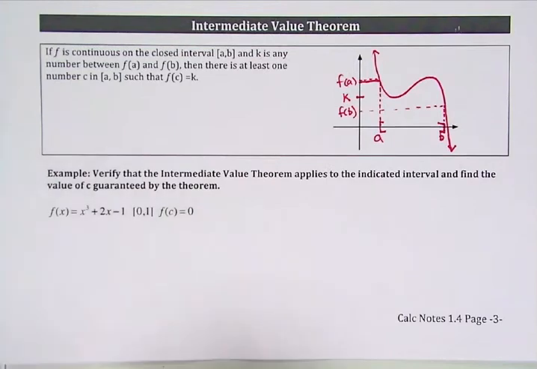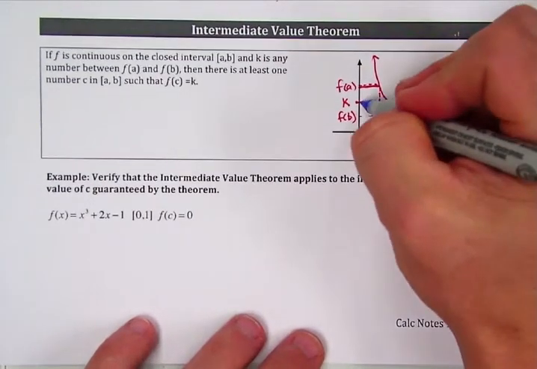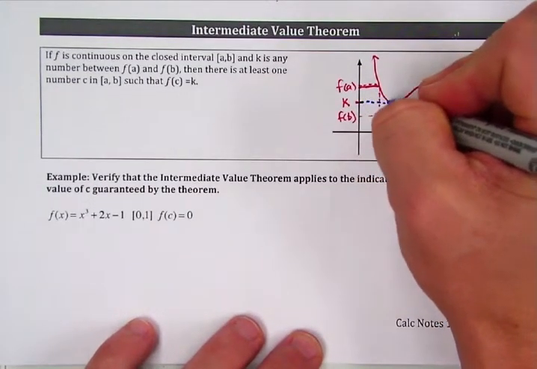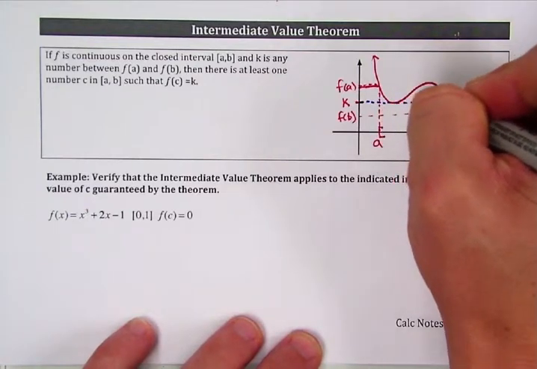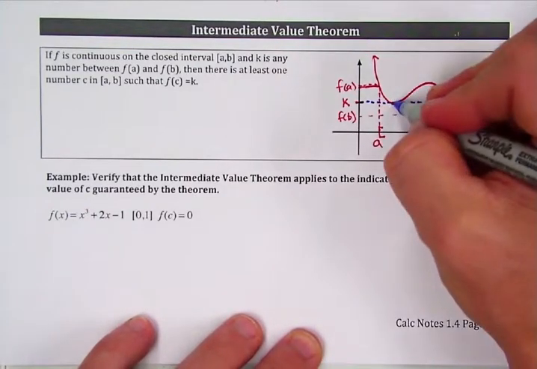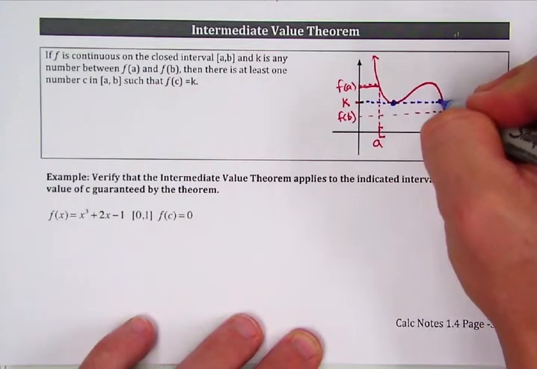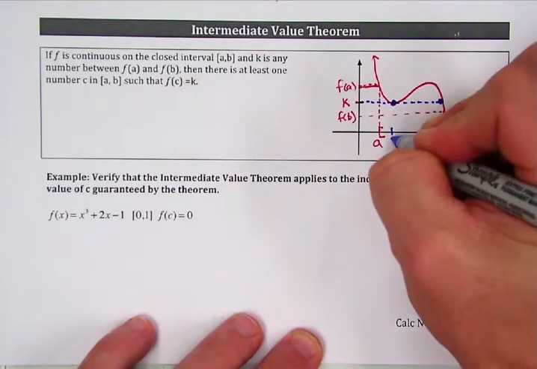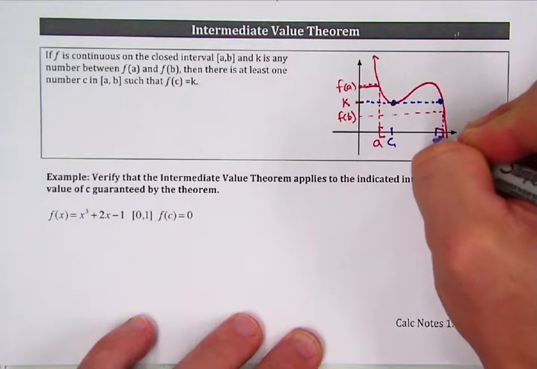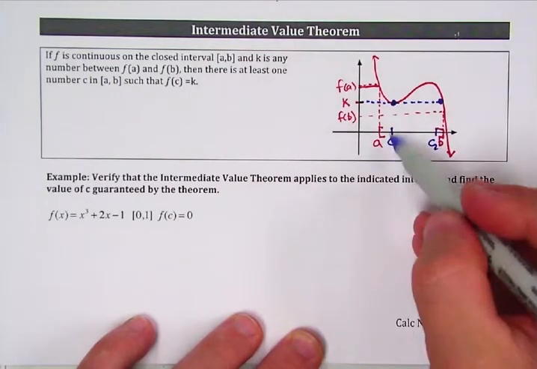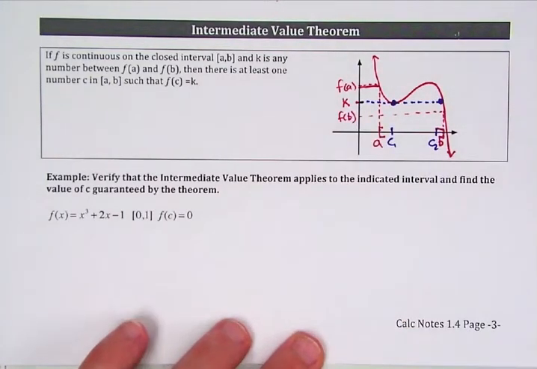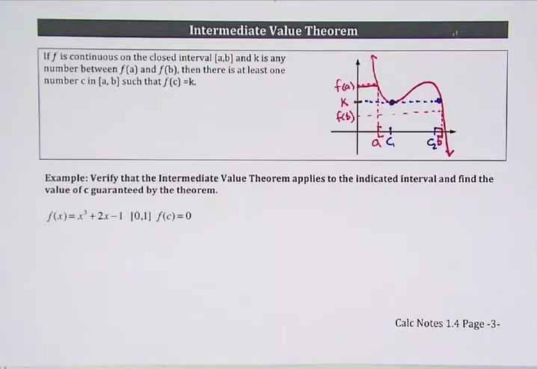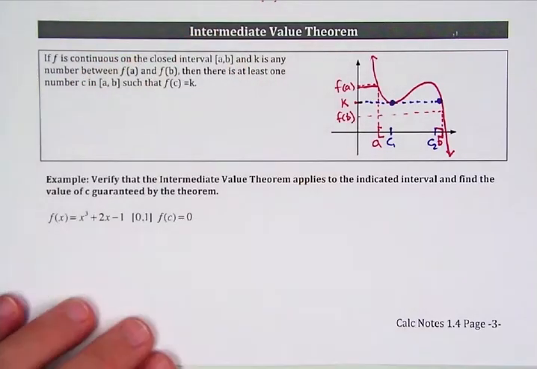So you can see if we take k and we come across here, we would get at least one c value, or if we plugged it into our function, we would get k. So what this is really saying is a continuous function will take on all values between f of a and f of b.